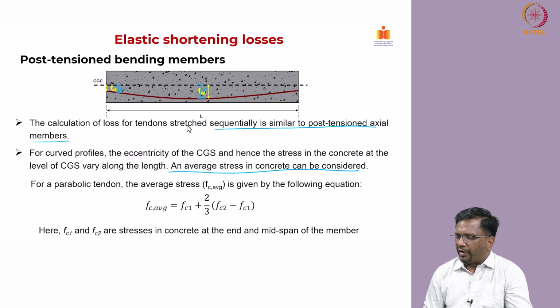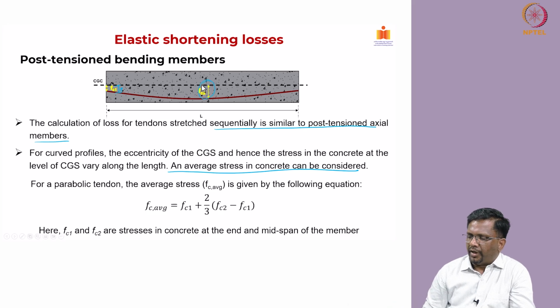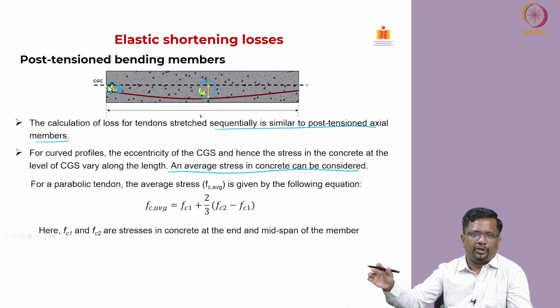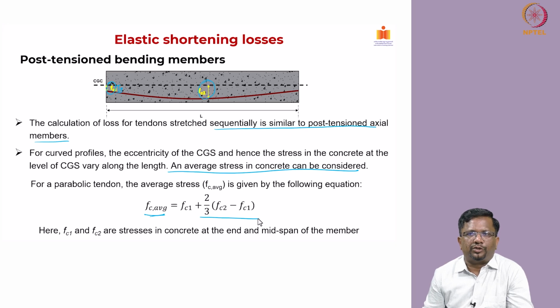For a parabolic tendon like the one that you see here, let us say at the midpoint you have Fc2, you calculated the stress in the concrete, right. And at the support, let us say you have an eccentricity small e, and then you have a stress of Fc1. So, now we know that because the cable is parabolic, the average stress in the concrete is going to be Fc1 plus 2/3 of Fc2 minus Fc1, because Fc2 is going to be higher.